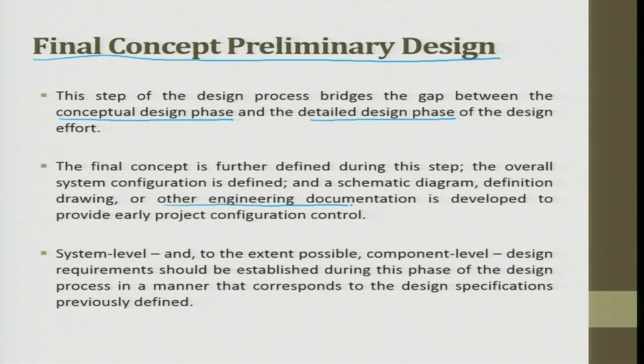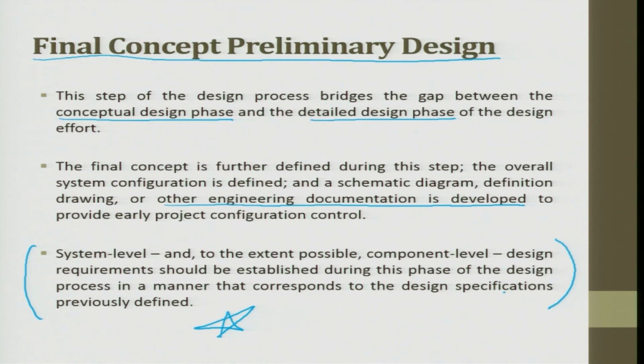So, other engineering documentation is developed. System level and, to the extent possible, component level design requirements should be established during this phase of the design process in a manner that corresponds to the design specification of the previous definition. So, this is also very, very important.